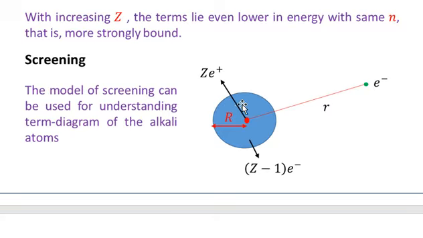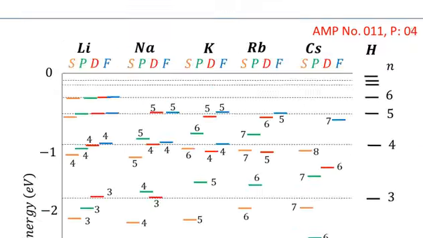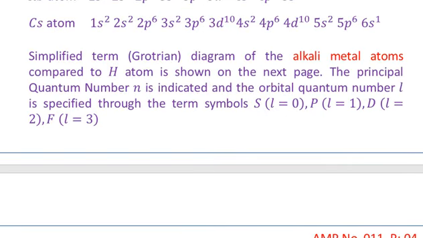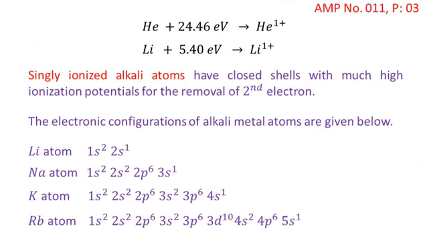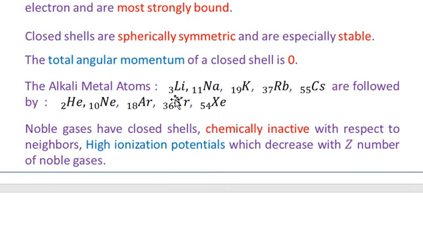If it is the closed shell of the helium atom, it contains only 2 electrons. If it is the closed shell of the other atom, then it contains other number of electrons. For example, the lithium atom's closed shell contains only 2 electrons according to the helium.